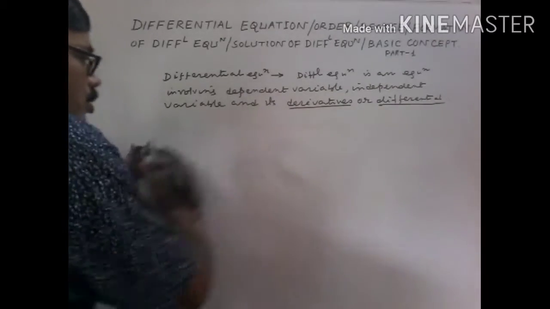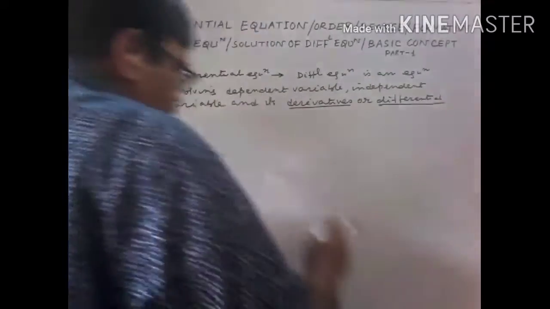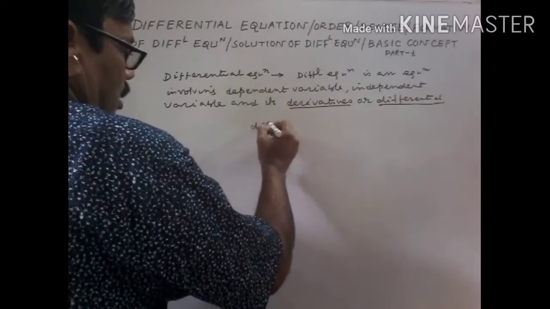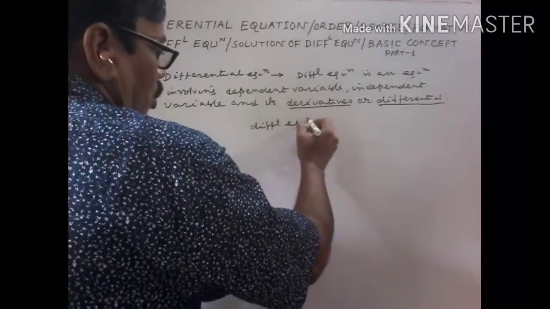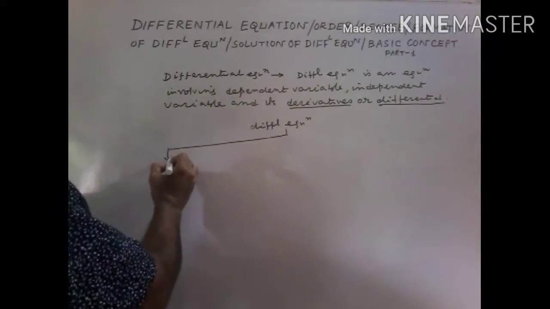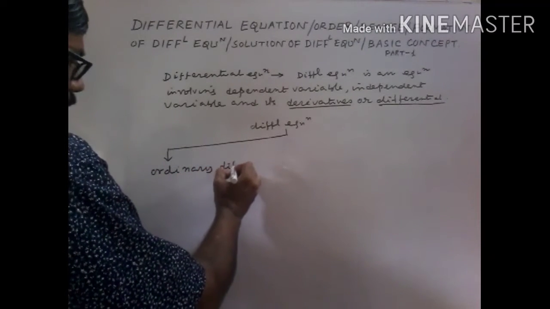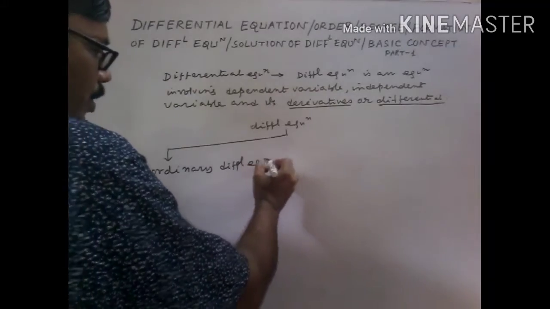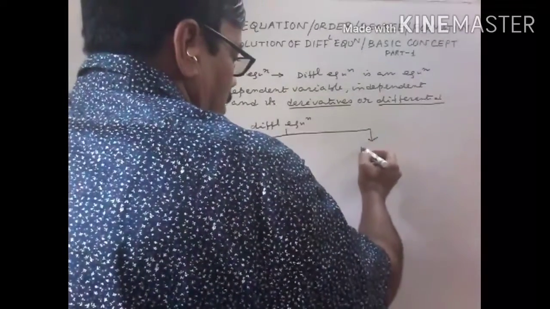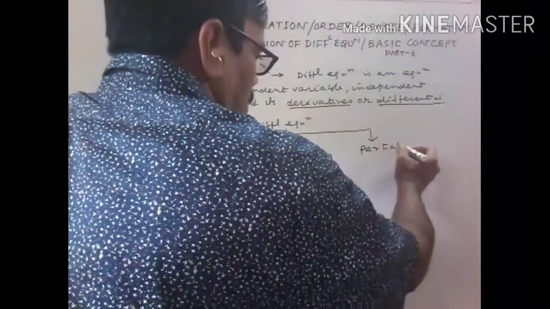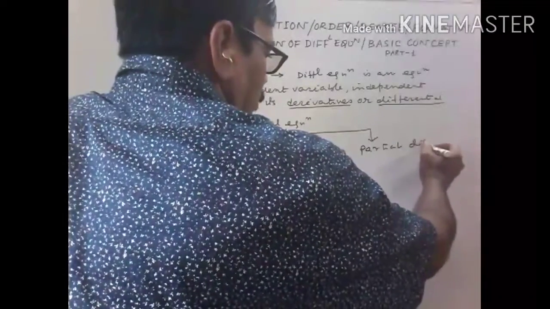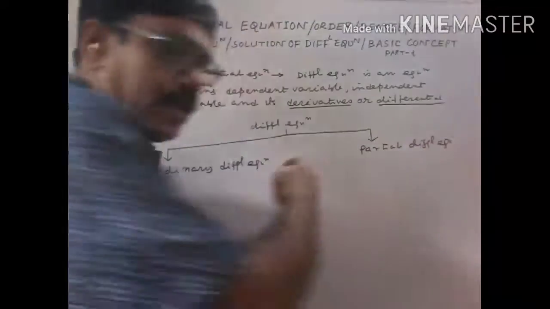Differential equations are of two types. One is ordinary differential equation, and the second one is partial differential equation.